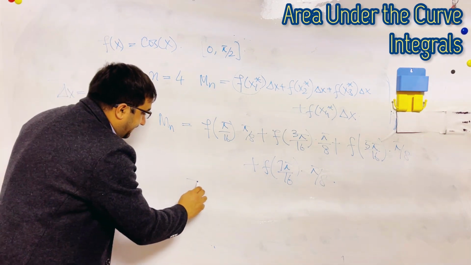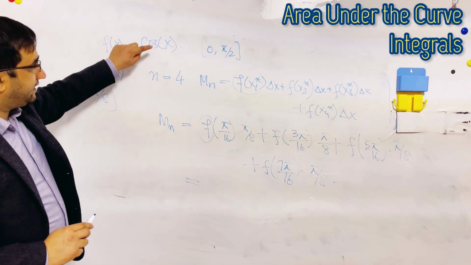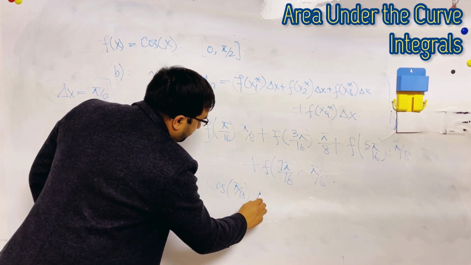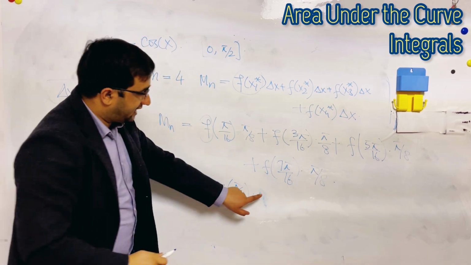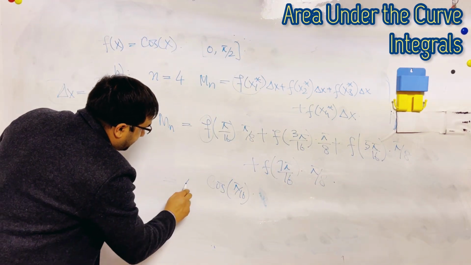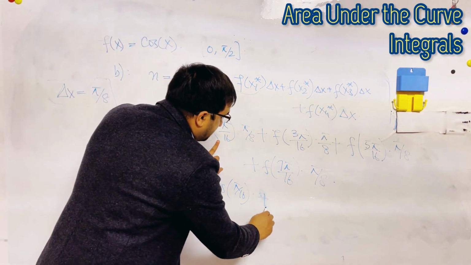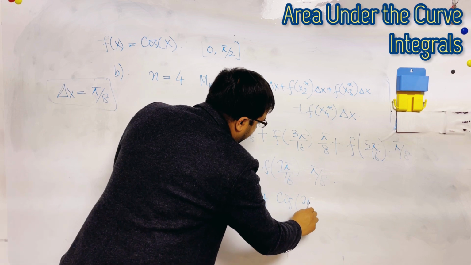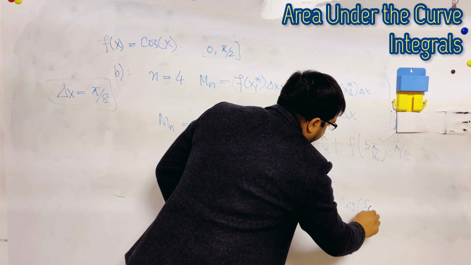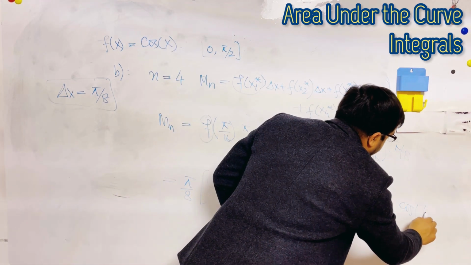Now you have to replace this f by the original function. The function is cos, so it will become cos of pi by 16 into pi by 8. Or you can take this pi by 8 common outside because every term has pi by 8. Pi by 8 is coming outside, and inside you have cos of pi by 16 plus cos of 3 pi by 16 plus cos of 5 pi by 16 plus cos of 7 pi by 16.